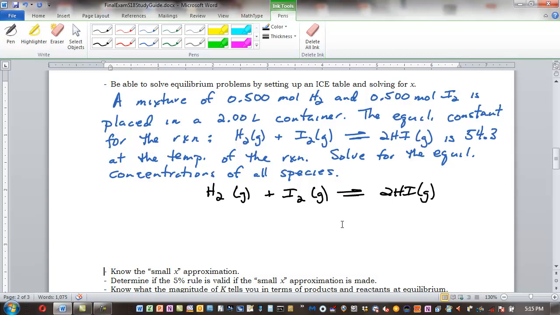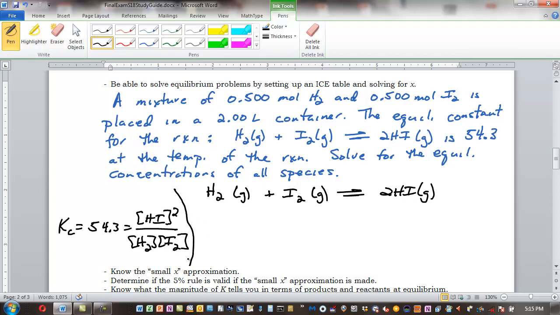We could certainly start writing our Kc expression. Let's write that on the side here. Kc, which is 54.3, equals the concentration of HI squared over H2 times I2. We will certainly need that.